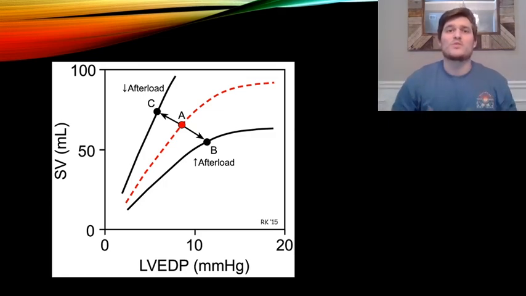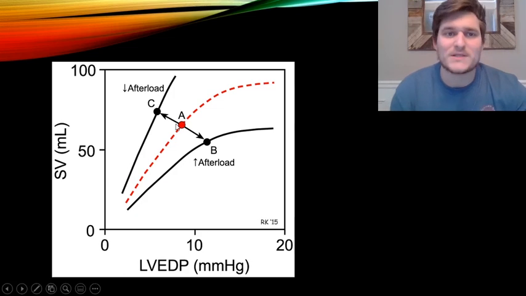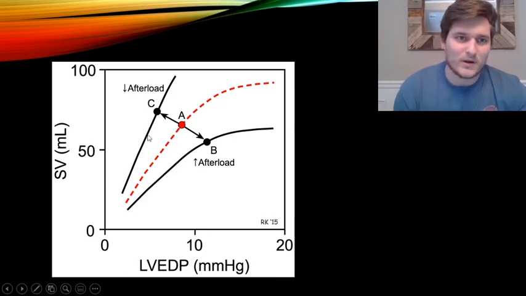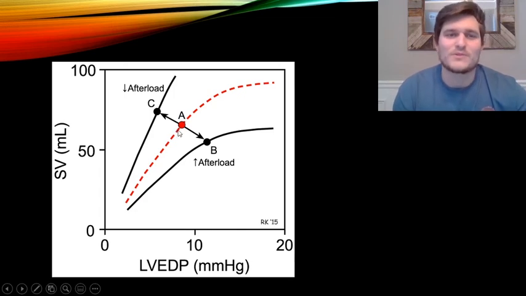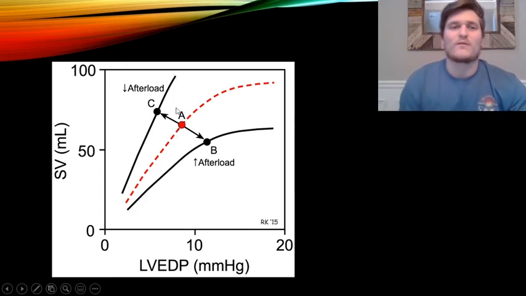This occurs when resistance on the arterial side increases, and therefore the pressure of the arterial blood is also going to increase. However, this relationship works inversely. So if we're able to decrease vascular resistance and decrease pressure on the arterial side, well, then that is going to increase stroke volume due to this drop in afterload.